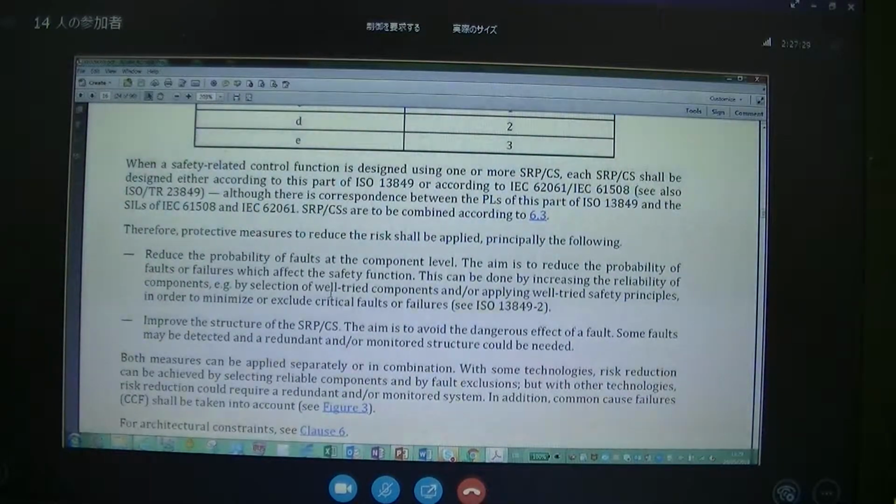And there's a B10D value, which is tested with a huge population of, for example, contactors.